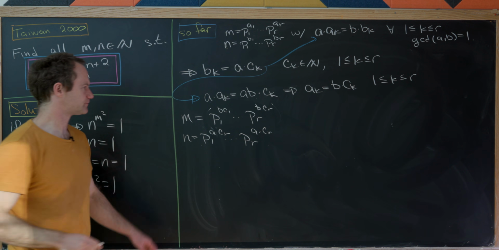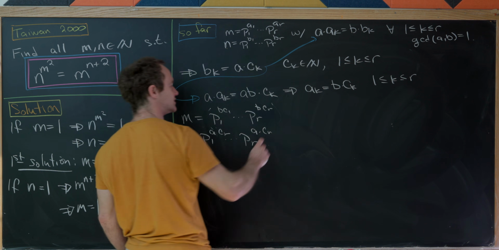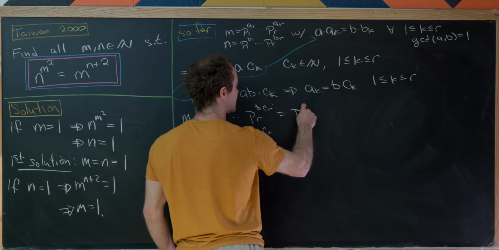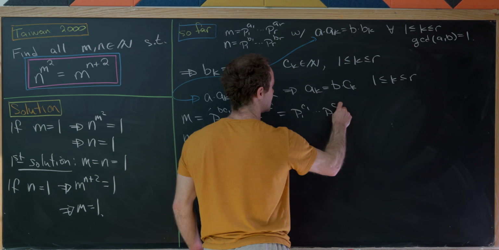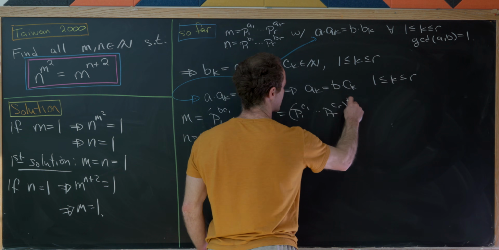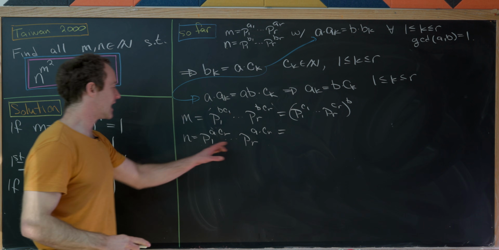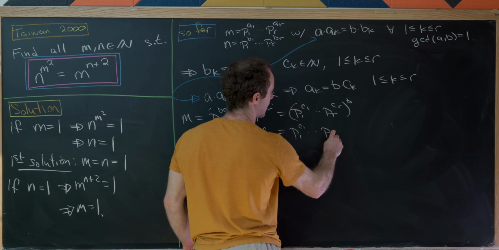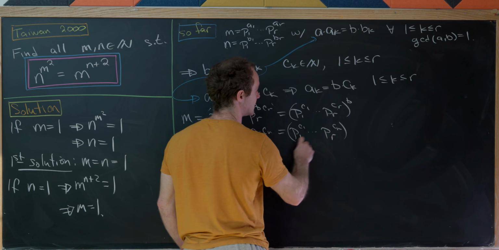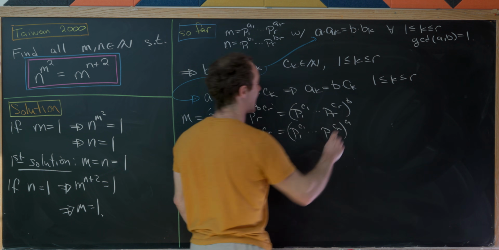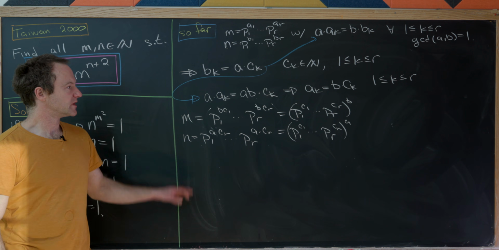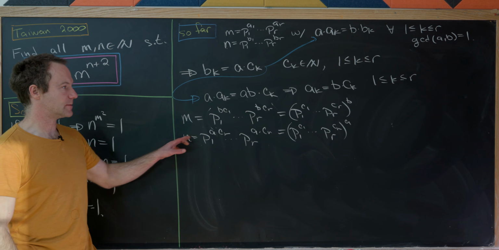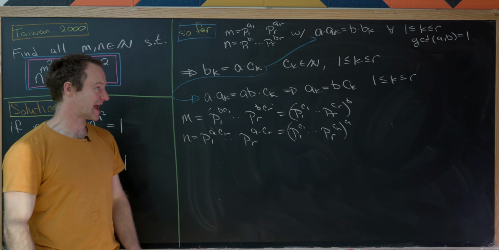Okay, nice. But I think it's pretty clear what we can do now. We can rewrite this as p1 to the c1 all the way up to pr to the cr, all raised to the b power. And then down here, we can write this as p1 to the c1 all the way up to pr to the cr, all raised to the a power. So in other words, m and n are exponents of the same number.